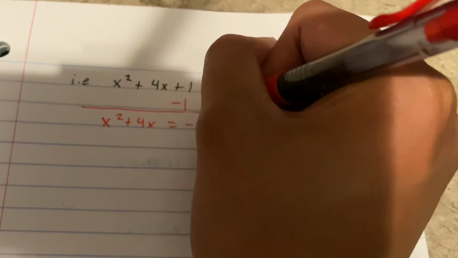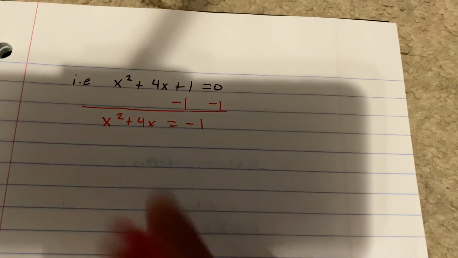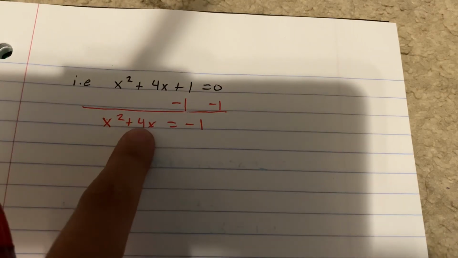Now I said move c to the other side. So I do that, and it's x squared plus 4x equals -1. Now we get this b term, and we do that. It would be 4 divided by 2, squared.